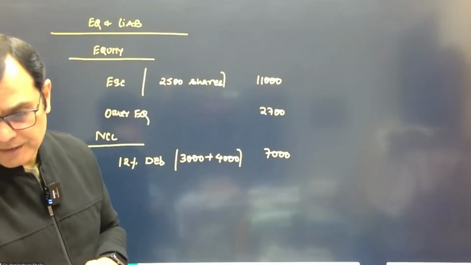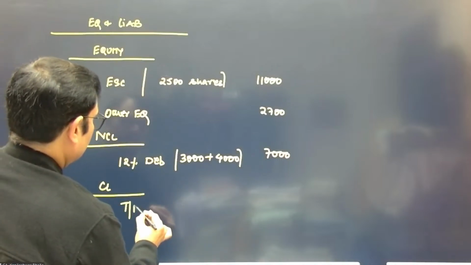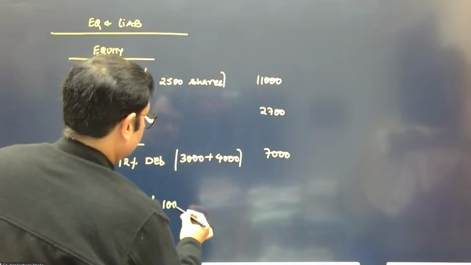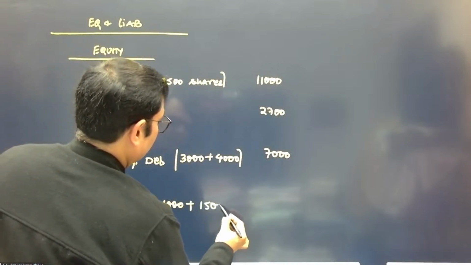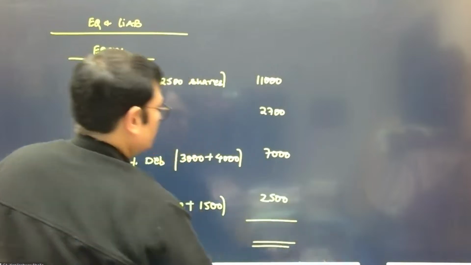And then there is a current liability, which is trade payables. And this is again book value, 1,000 plus 1,500. That makes it, I guess, 2,500. So hopefully this should tally my balance sheet as well.